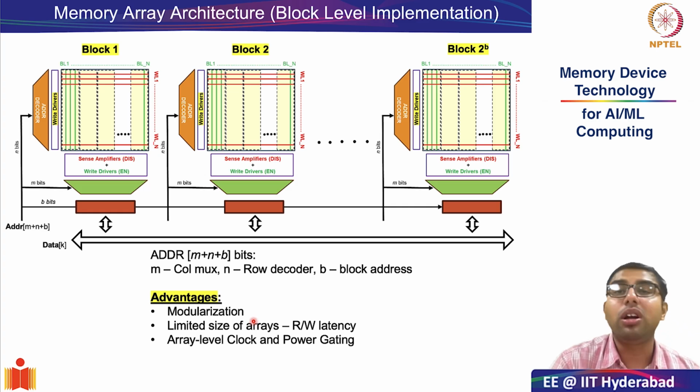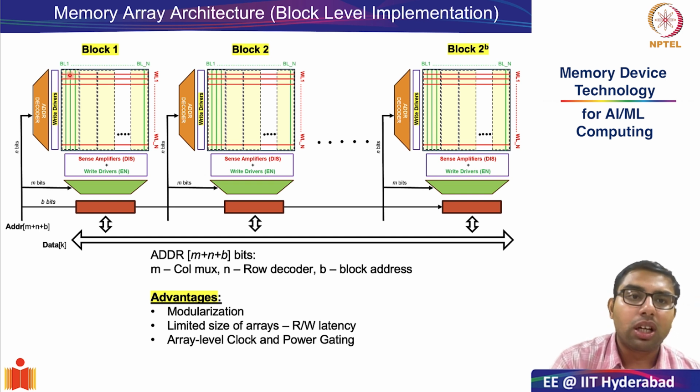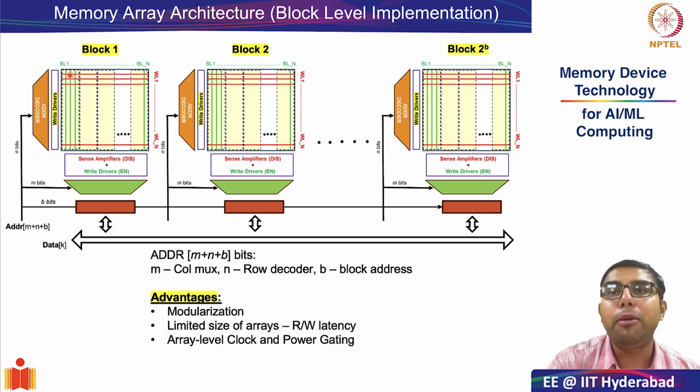The second important aspect is, with block level design, you can have limited size of arrays. If we have limited size of arrays, we will have limited length of the word line and bit line. As we had discussed earlier, the size of the word line and bit line affect the read and write latencies.